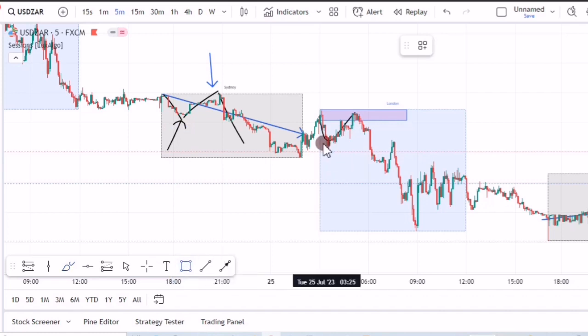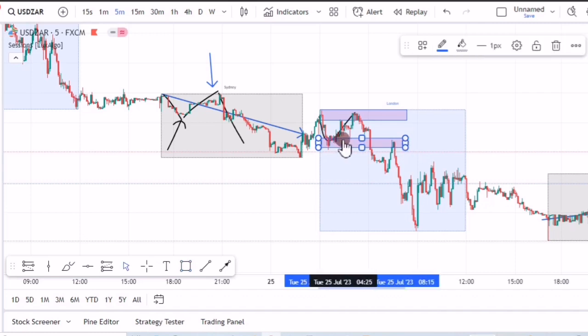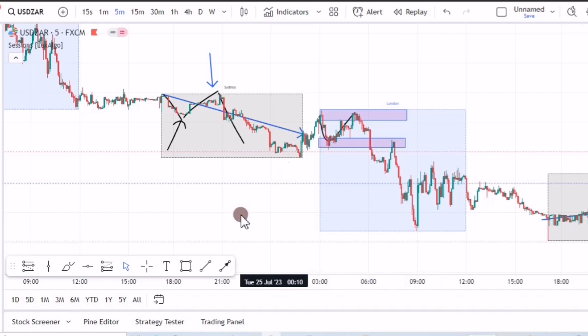So you highlight that region. Now you want price to come and close below this key level that I have just drawn. And then when price closes below here, you take the sell trade. This turning point there is that one, so you know that this is the turning point.